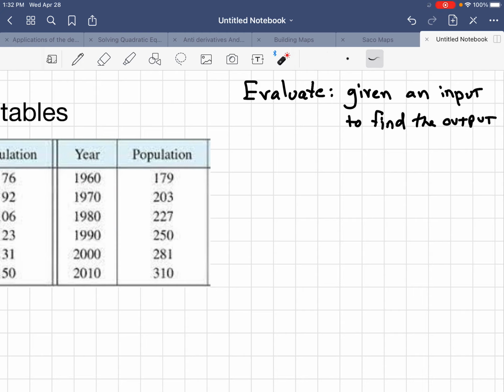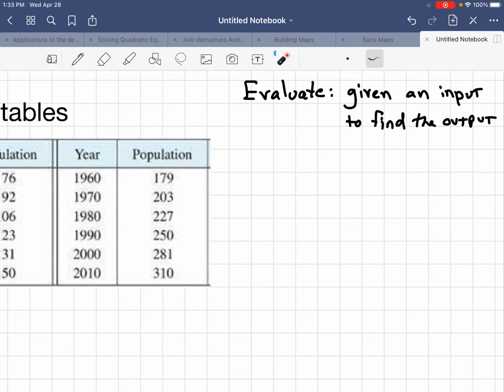Now remember, we're talking about functions right now, so every input has exactly one output per function. So each function has a 1-to-1 ratio for the input to the output.